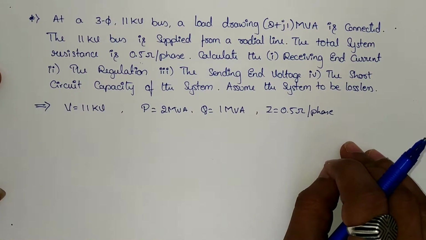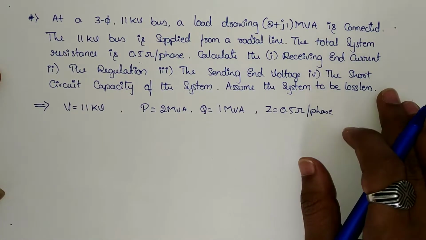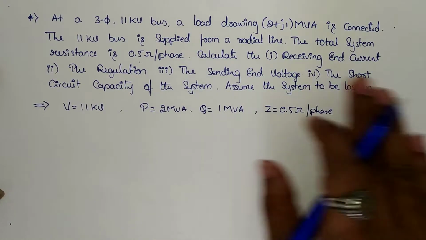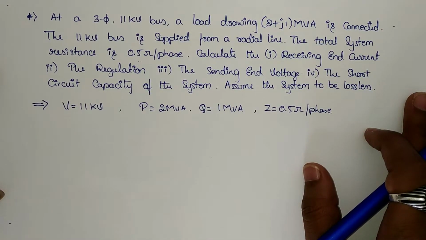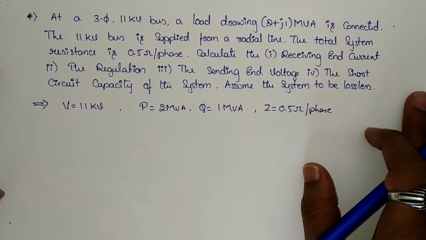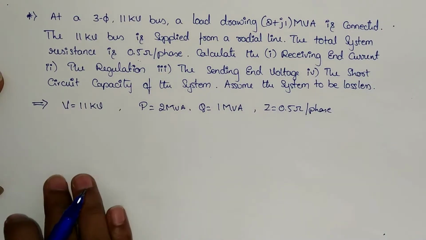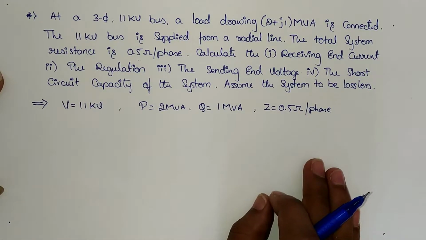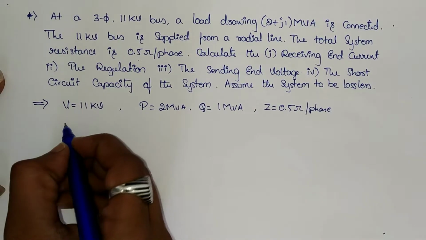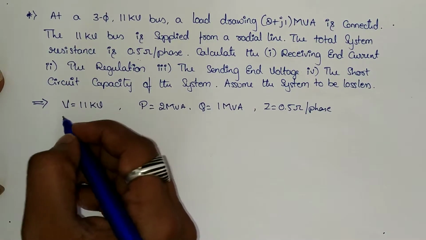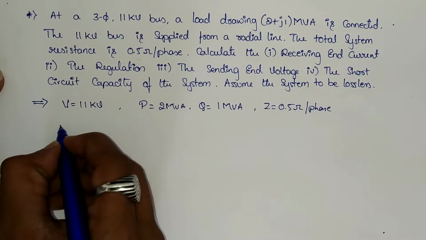Before starting the solution, I just want to remind you, we are going to solve this entire problem with respect to a per unit system so that the calculation would be much easier. Let us start the problem with the base values. Let us choose the base values as follows.